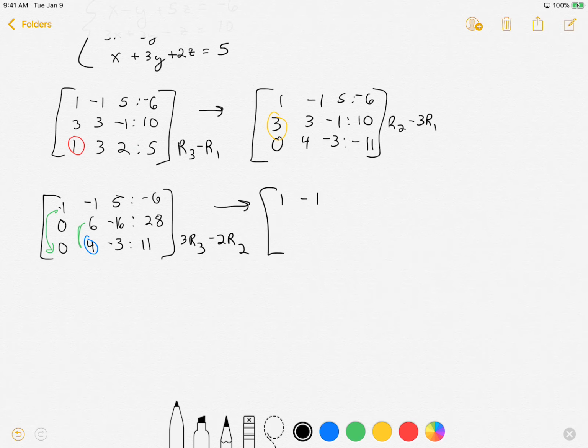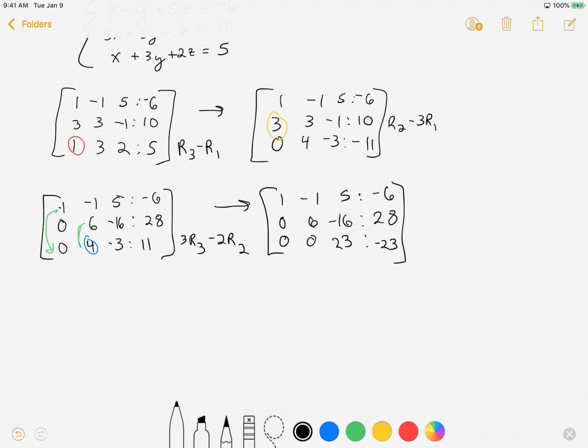So top row stays the same, second row stays the same. So the last row is changing. So we get 0. 12 minus 12 is 0. Negative 9 plus 32 is going to be 23. And then we got 33 minus 56, which is negative 23.